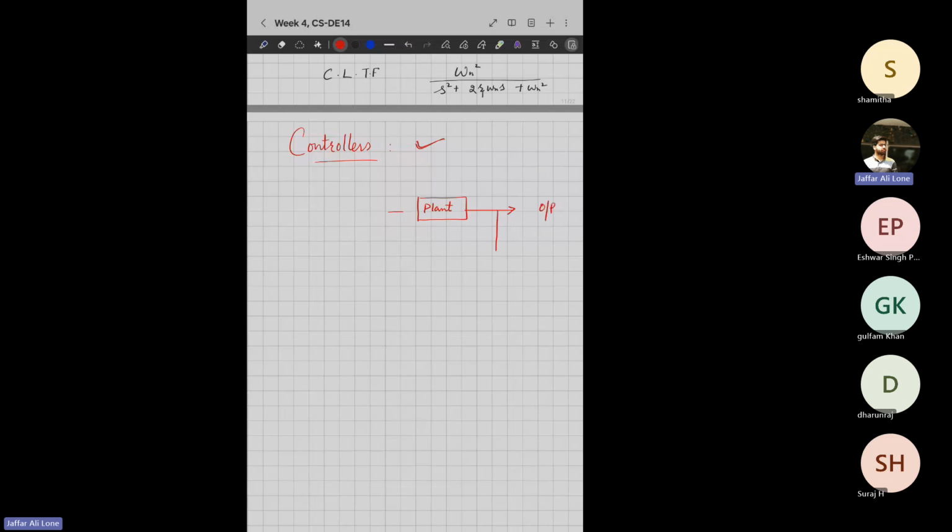And this is some input to the plant, right? And here I will have the controller. Here I will have the summer block, and here I will have some feedback, any feedback signal h of s, or I'll just write feedback.